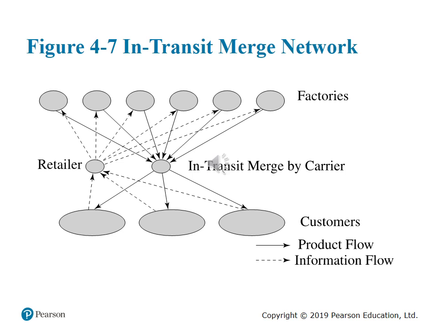But manufacturers don't send the products directly to customers. They send to a carrier in transit merge, some location in which we try to merge different products, different routes in one location, and then send to customers. So we don't send directly, we send through an aggregation point, a merge point.